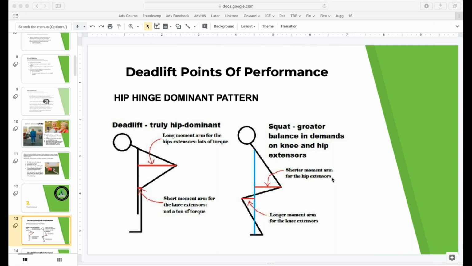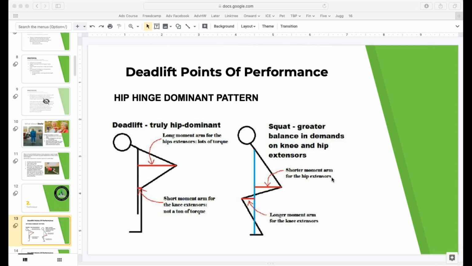When we look on the left at a deadlift, we do see some knee flexion and some ankle dorsiflexion most of the time, but that's significantly less than what we see in the squat. Instead, we see significantly more hip movement happen. So this creates a larger moment arm around the hip joint, a lot of torque for the hip extensors, and a shorter moment arm for the knee extensors.